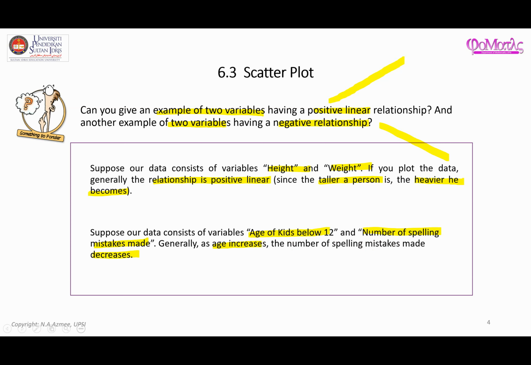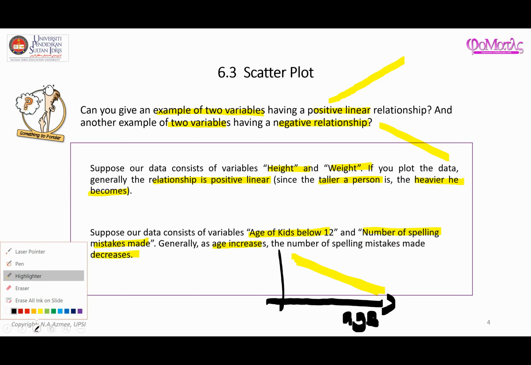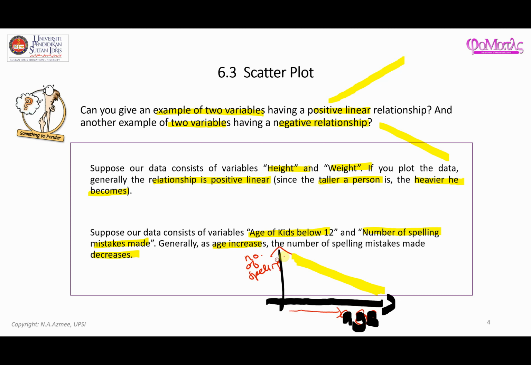If you plot the data, this axis is age and this axis is the number of spelling mistakes. The number of spelling mistakes decreases when age increases, so that is an example of a negative relationship.